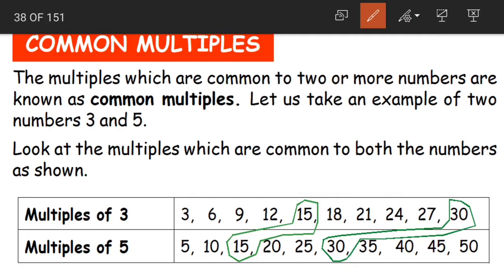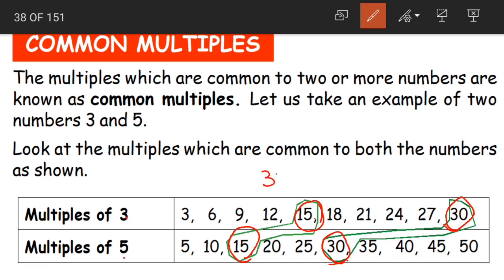Now if you look at the multiples that are common to both 3 and 5, here we are having 15, and 15 is a multiple of 5 as well. Next, 30 is a multiple of 3 and also 30 is a multiple of 5.